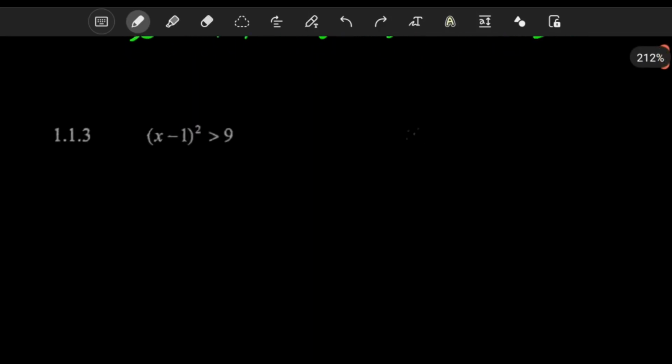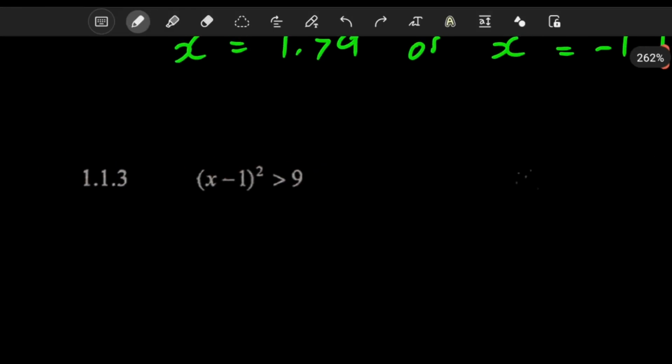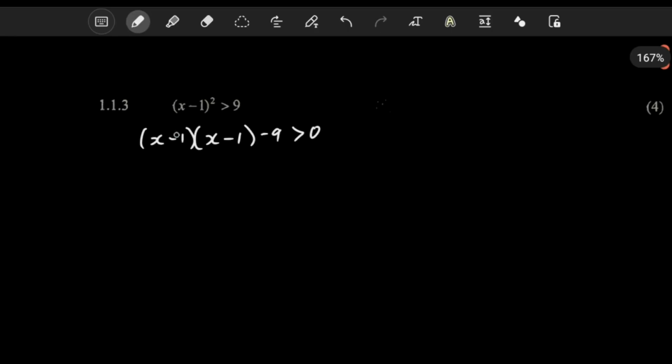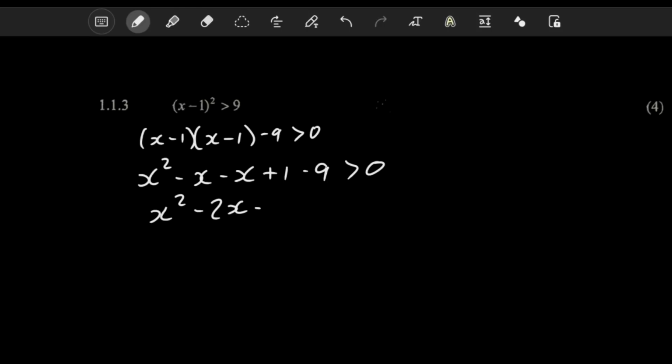So for 4 marks, the easiest thing to do is to multiply out these 2 brackets. Here you're going to have 2 brackets that look exactly the same, and then you can take the 9 over. The first thing you can do is simplify first, so let's FOIL these 2 and then simplify. And there you go.